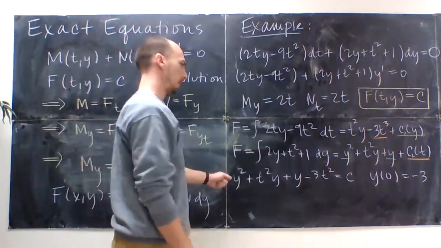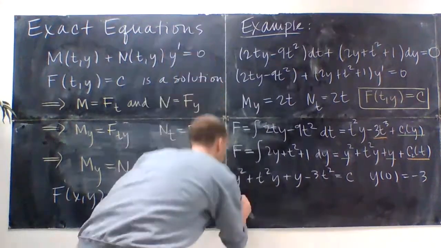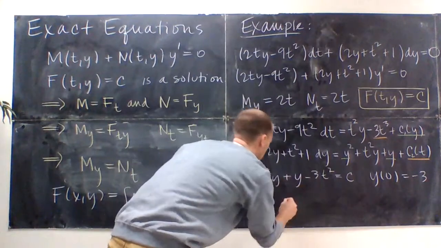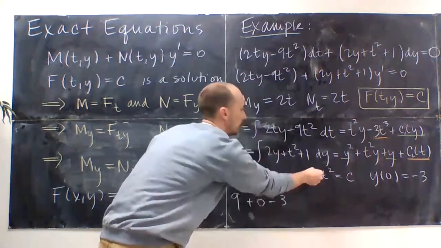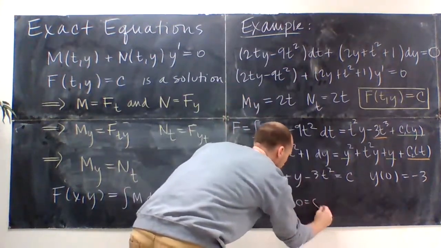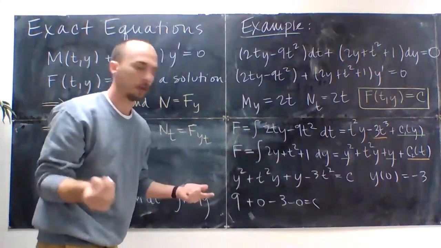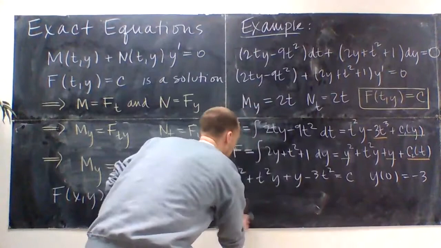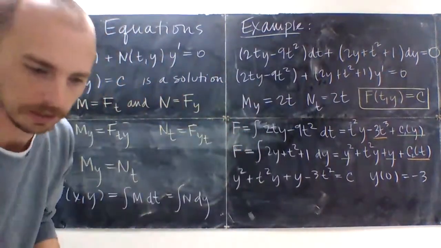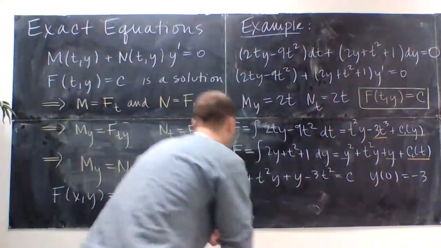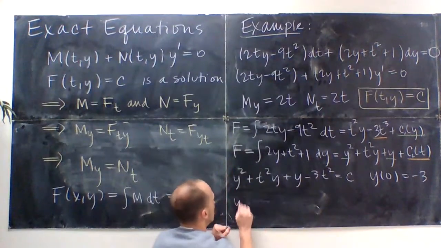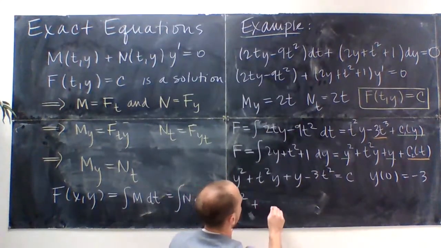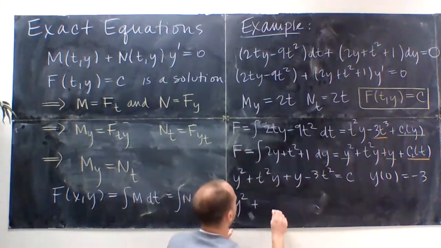So y is -3, so this will be 9, plus 0, plus y is -3, minus 0, equals c. That looks to me like c is 6, right? So I can conclude, if I want an implicit solution, yes, I actually like this one because I can go even farther with it. So if I want my implicit solution, it's going to be y squared plus t squared... wait, no, I actually like the way it's written.